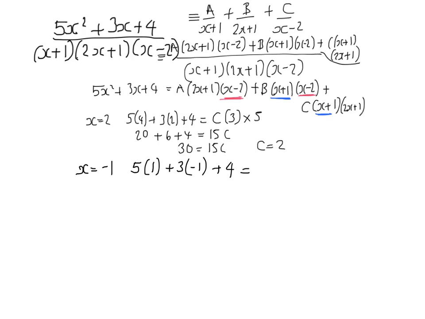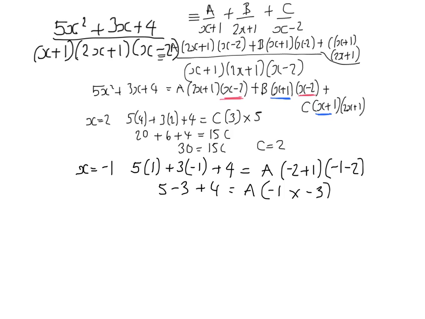And that's going to be equal to a, times 2 lots of minus 1 is minus 2, plus 1, multiplied by minus 1 minus 2. Okay, so we've got 5 minus 3 plus 4 equals a times minus 1 times minus 3. So that gives us 6 equals 3a, so a is 2. Okay, so we've got 2 of our unknowns.